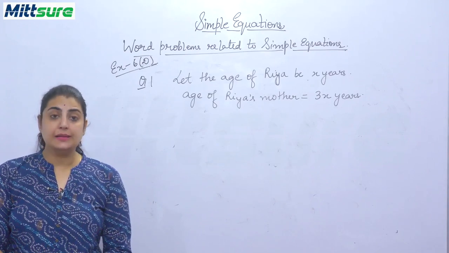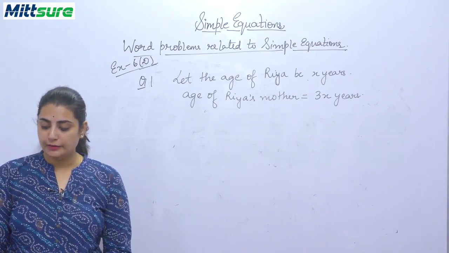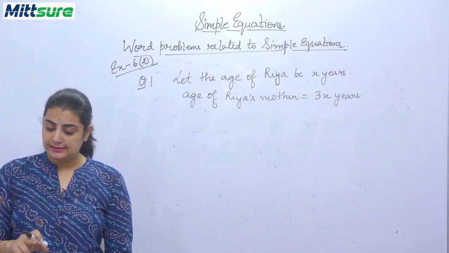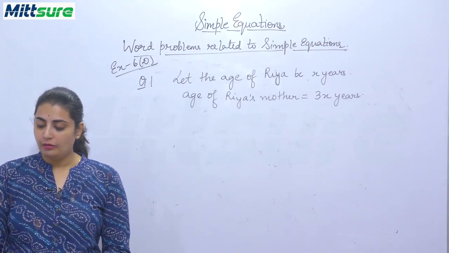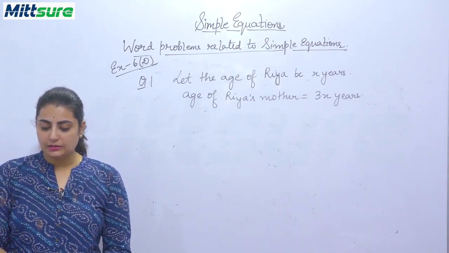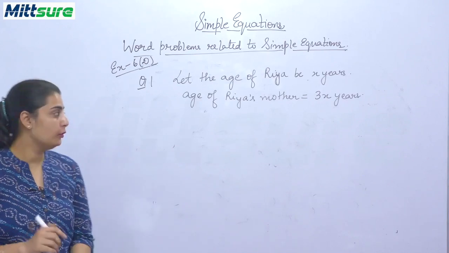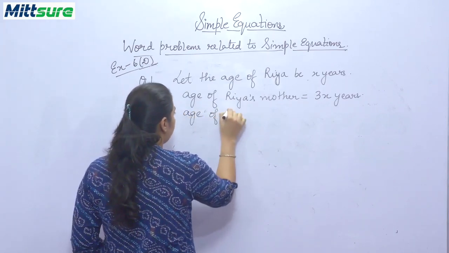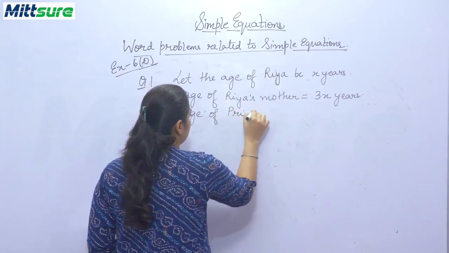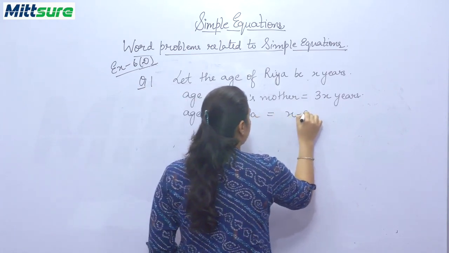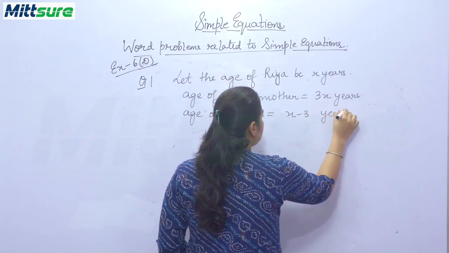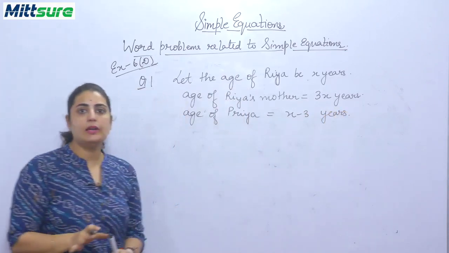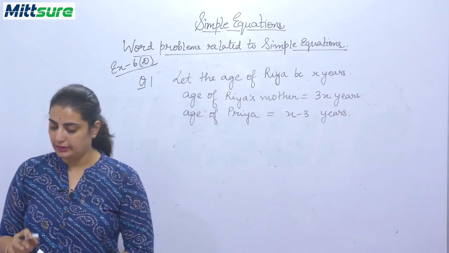Ria's mother is 3 times as old as Ria and 4 times as old as Ria's sister Priya. Now, Priya is 3 years younger than Ria. Okay, now age of Priya is equal to x minus 3 years because she is younger. That means she is smaller than Ria by 3 years.